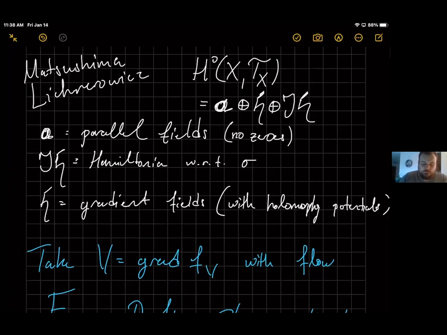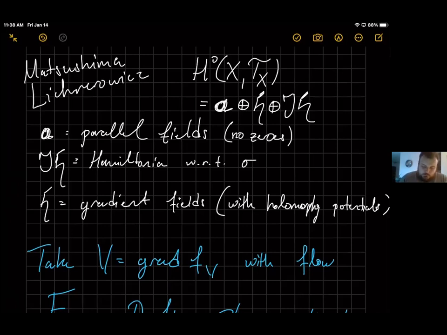So the space of vector fields which can be gradient vector fields on our manifold X is independent of the metric, but the individual choices of what your vector fields will be and the potentials, which we call holomorphic potentials for holomorphic vector fields, all depend on your metric.